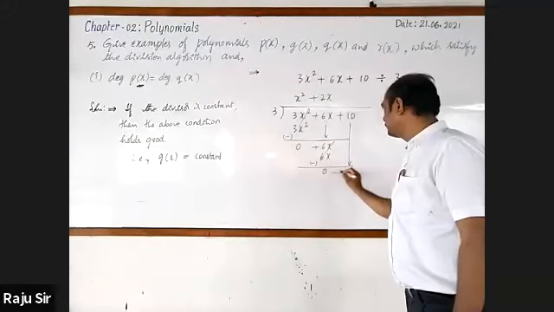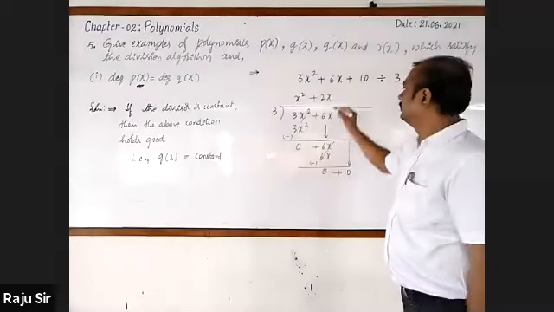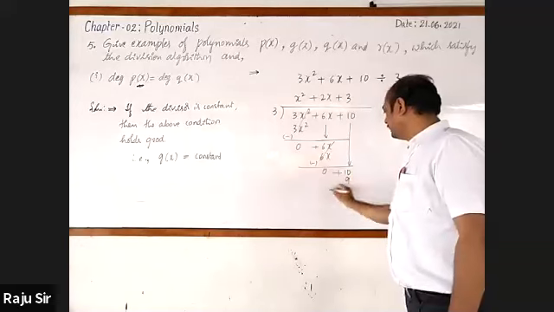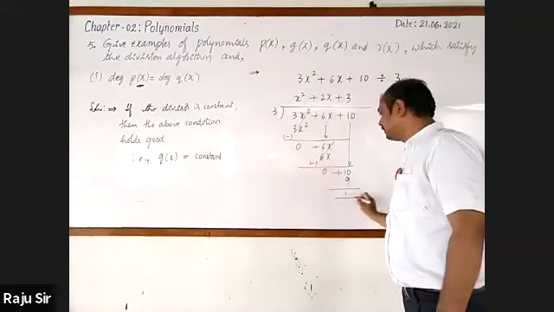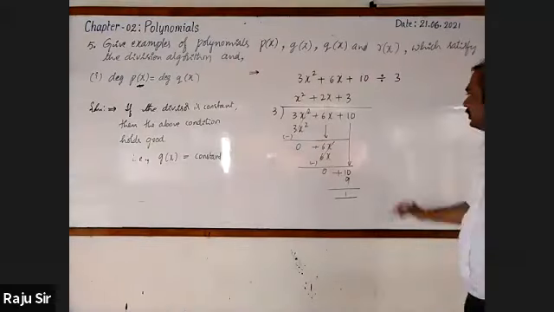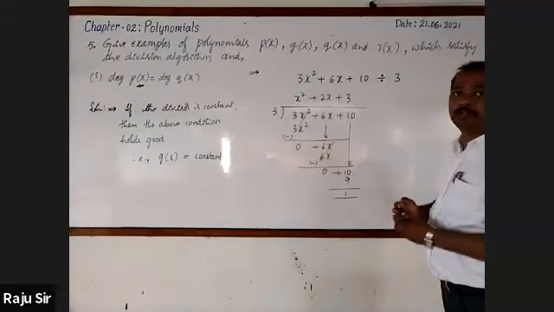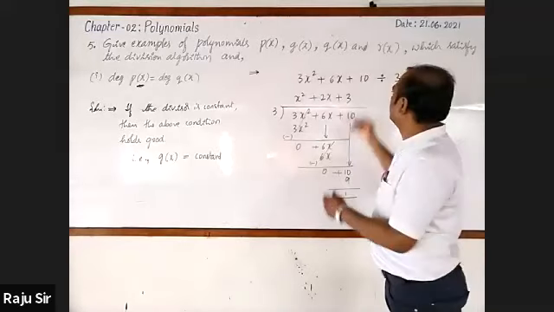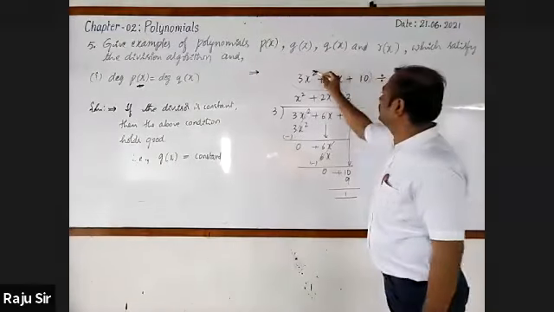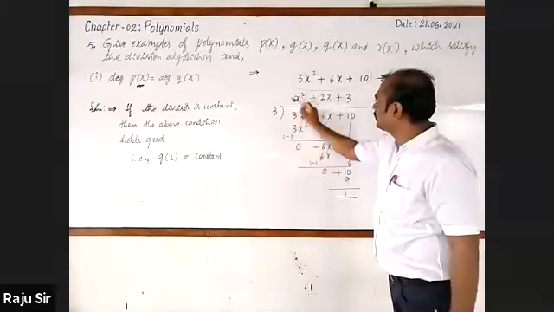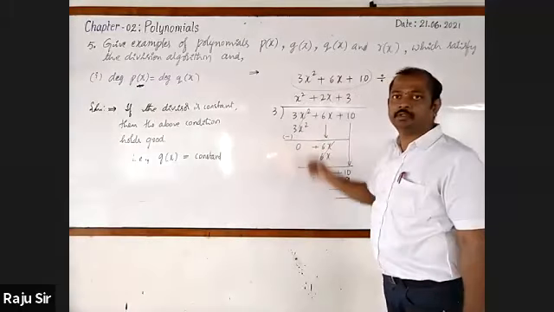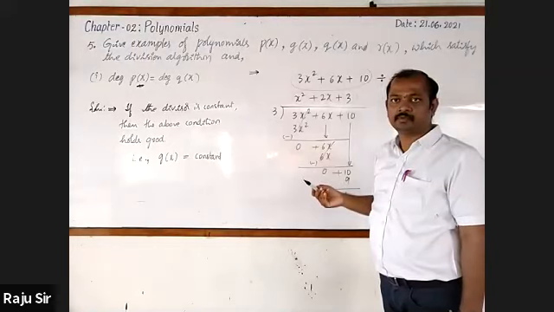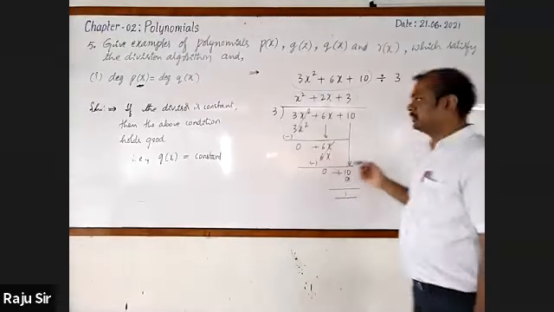Carry out plus 10. 3 threes are 9. It is 1. Remainder is 1. Conclusion. You can come to know that the degree of this polynomial is 2. Degree of the quotient is 2 also. Both are the same. Followed? All right.